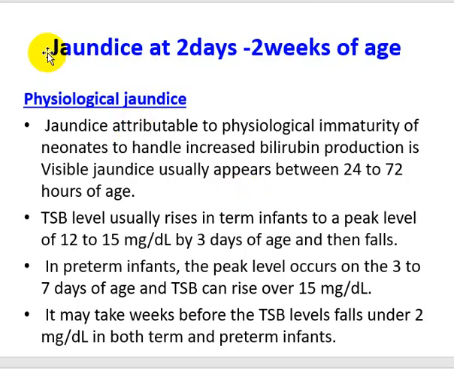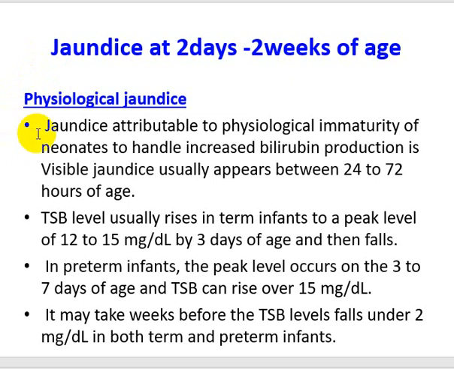We are still focused on the first point in assessment of neonatal jaundice, and we mentioned the day of onset of jaundice. If the jaundice starts after 24 hours, from the second day to 2 weeks of life, we put physiological jaundice as an important cause to be differentiated from pathological causes.